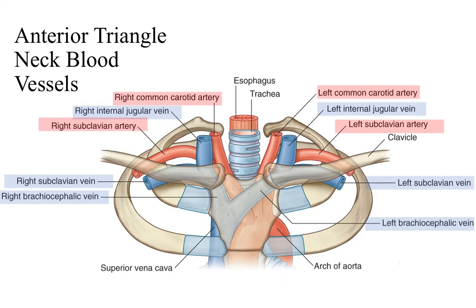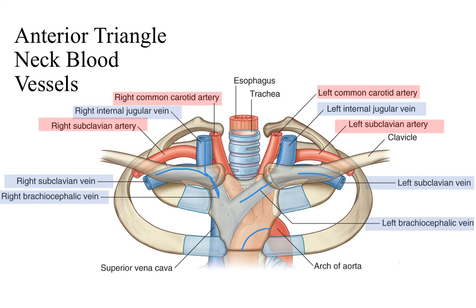All right, major blood vessels that you'll see in the anterior triangle of the neck. We have the brachiocephalic vein here off of the superior vena cava, which branches into the right internal jugular vein, which we saw is part of the carotid sheath, and the right subclavian vein. And we're going to have that on both sides, so the left brachiocephalic, left subclavian, and left internal jugular vein.